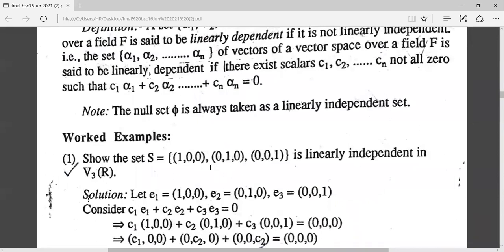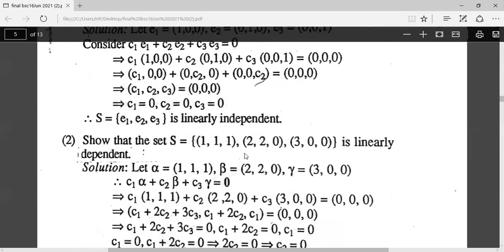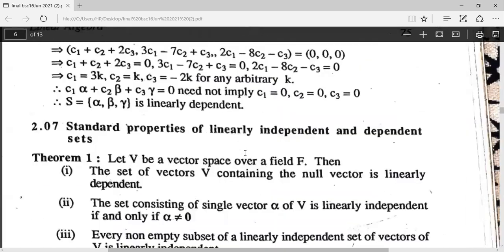That is obviously a subset of capital S. So if you take these two and take C1 alpha 1 plus C2 alpha 2 equals 0, it implies C1 is 0, C2 is 0. That is, that set is also linearly independent. In other words, any subset of a linearly independent set is linearly independent. That is the meaning of that result.